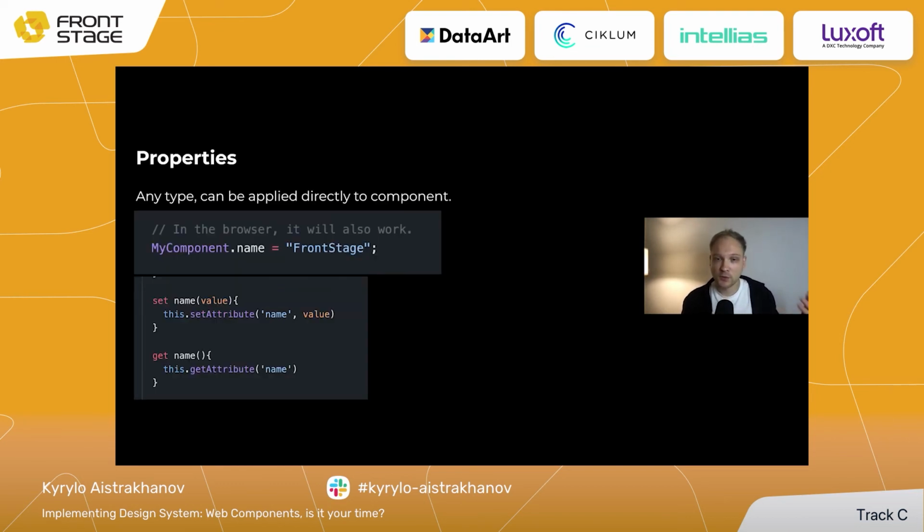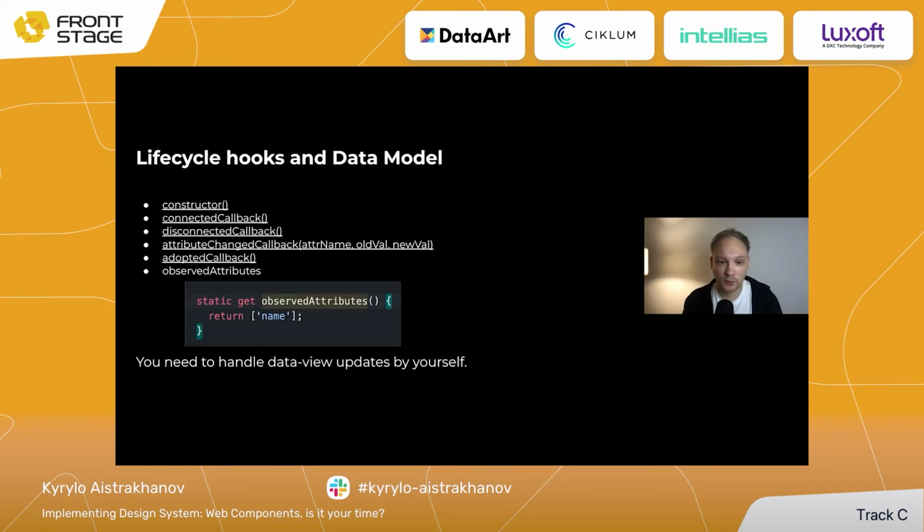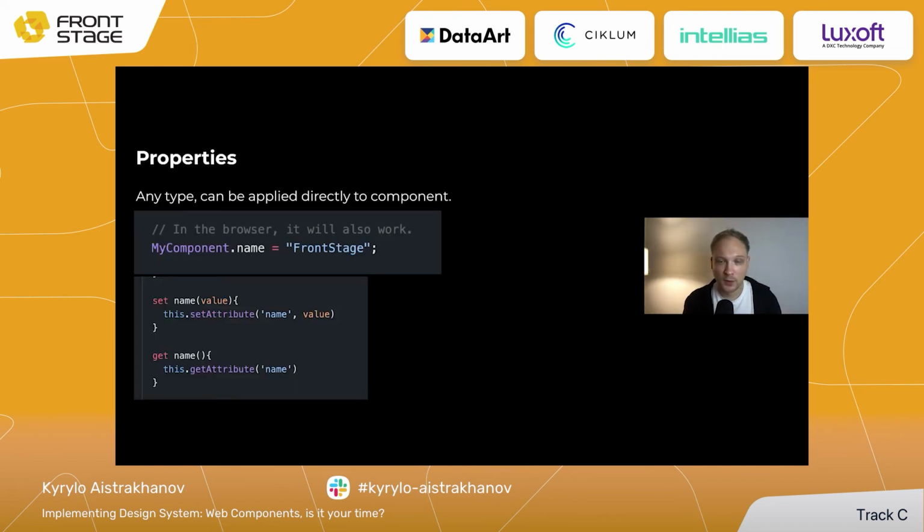And in the case of properties, you also need to handle all the data-view binding by yourself, because even if properties can be passed with different types and different data structures, you anyway need to handle it by yourself, by getting these values directly from your class and setting them directly into your class.